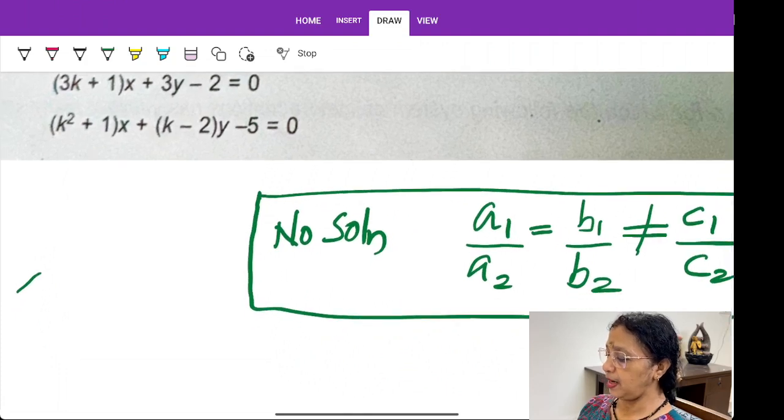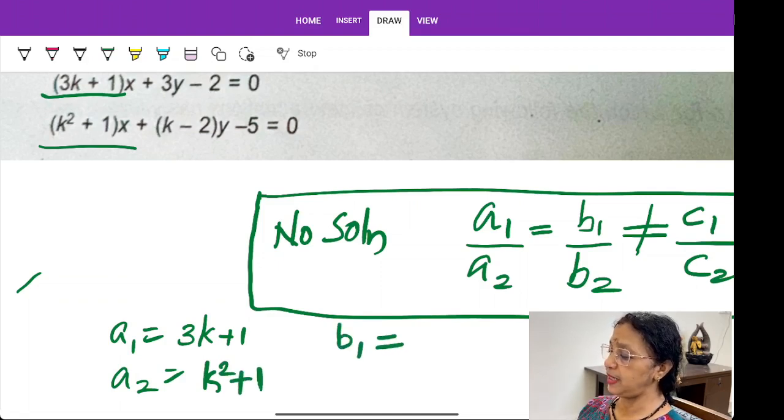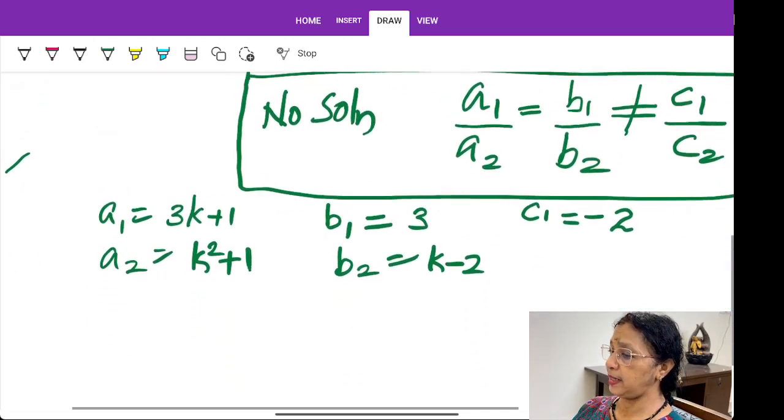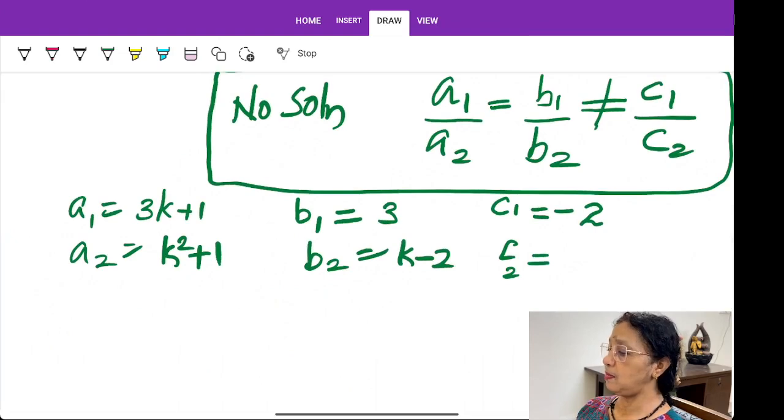What is a1? a1 is the coefficient of x, so 3k plus 1. a2 is the coefficient of x, k square plus 1. b1 is the coefficient of y, so 3. b2 is k minus 2. And c1 is minus 2, and c2 is minus 5.